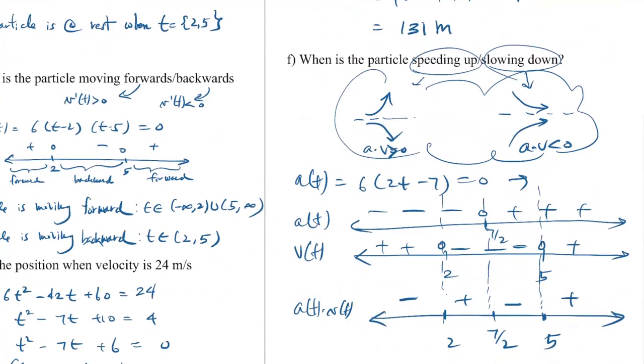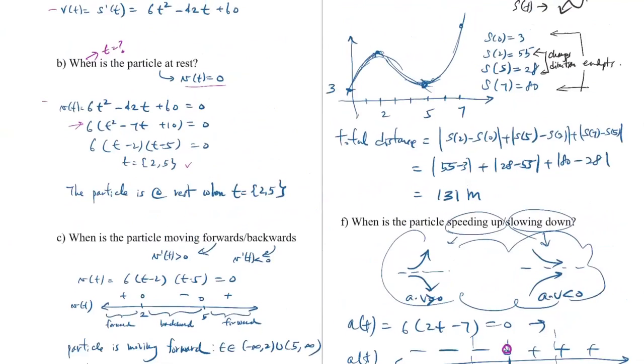Okay, let me put that in a different color. It's 0 here, here, and here. 0 times anything is 0, right? And for the rest, negative times positive is negative. That portion is what? Negative and negative, right? That makes it positive. Positive times negative is negative, and so on and so forth. Okay. Just be really careful. But look at this picture, guys.